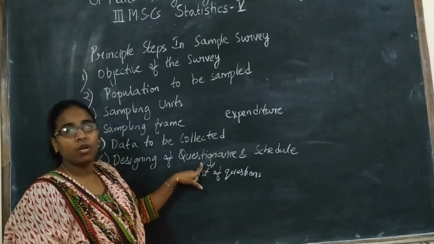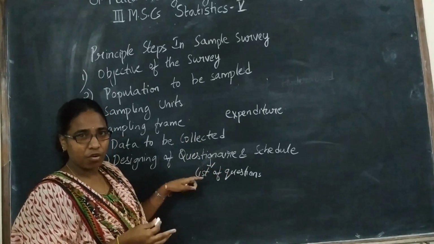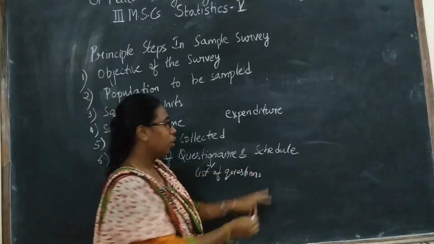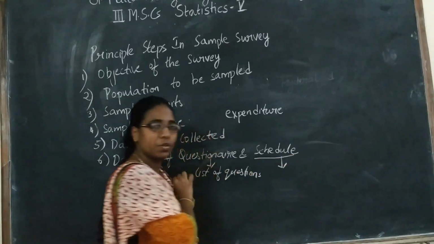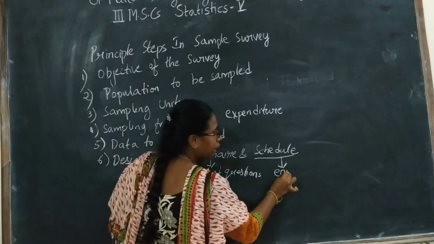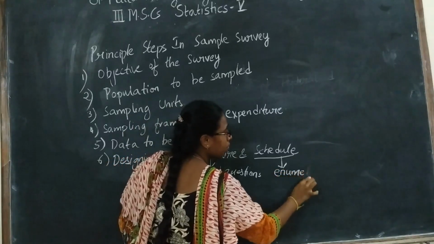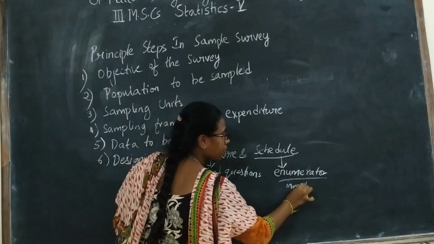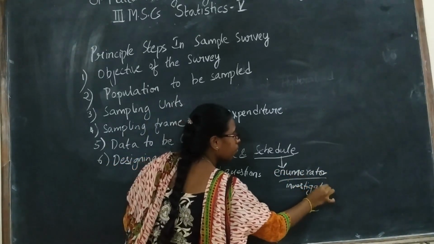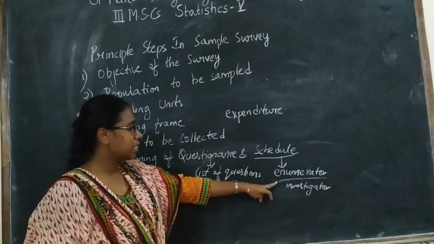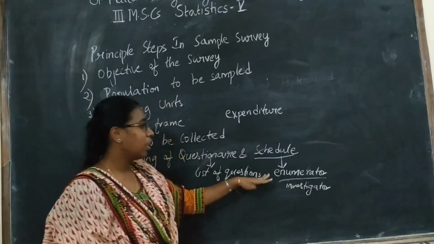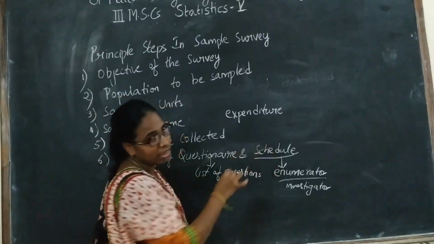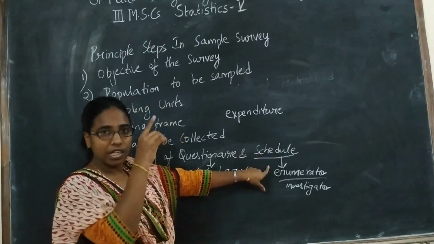For a questionnaire, the person who is giving the information will fill in their own answers. But in a schedule, you also have the questions only, but here who will fill it? The enumerator will fill it. Enumerator means investigator. There will be a person, the investigator, who will go to the respondents, ask the questions, and fill in the answers in the listed questions.